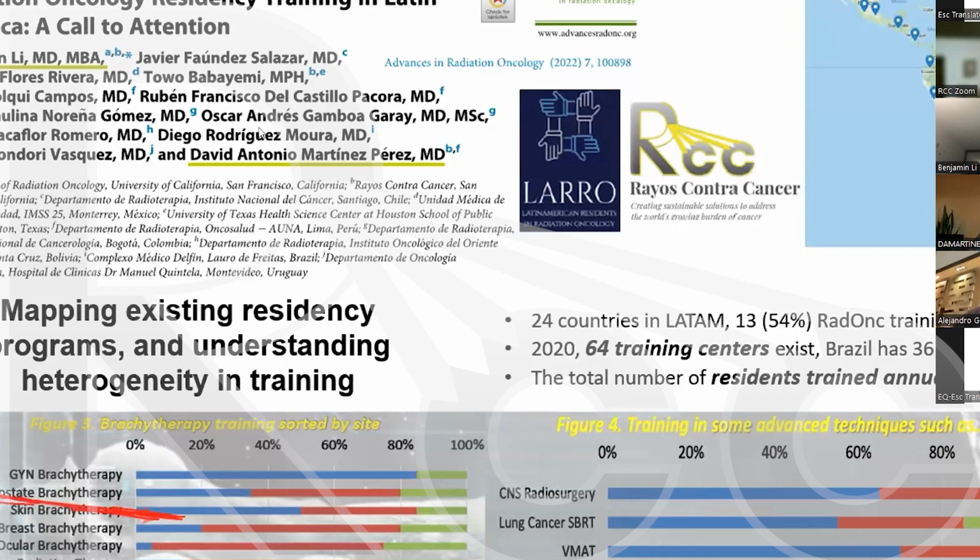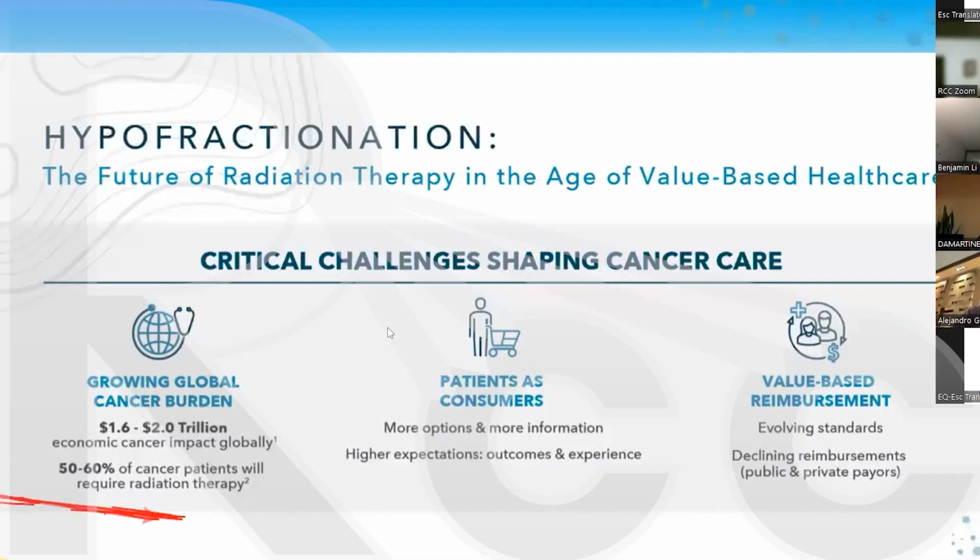Access to radiosurgery is less than 50%. And for brachytherapy, they are not being trained enough. So we need to map the existing residencies, understand where we have these gaps in order to know where we can have an impact.